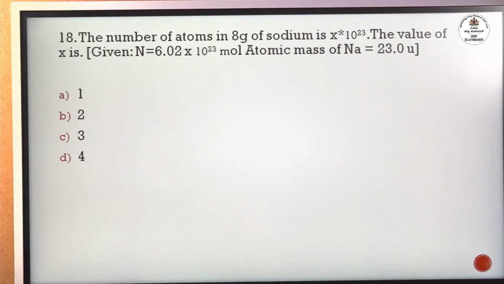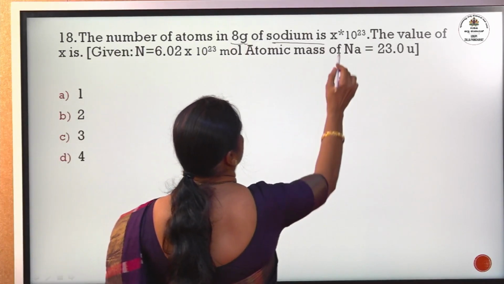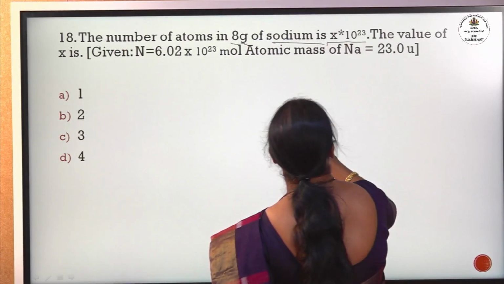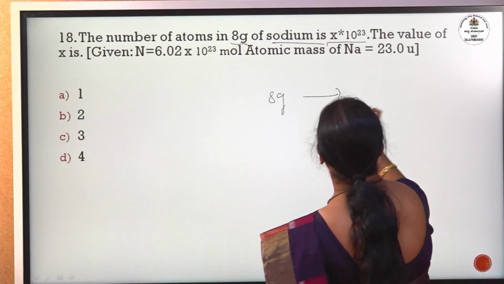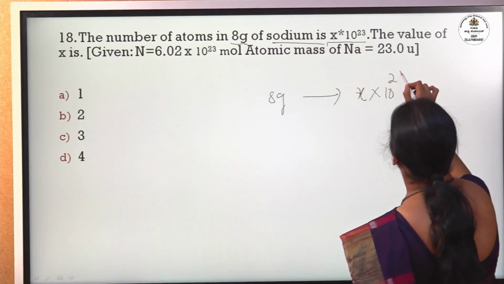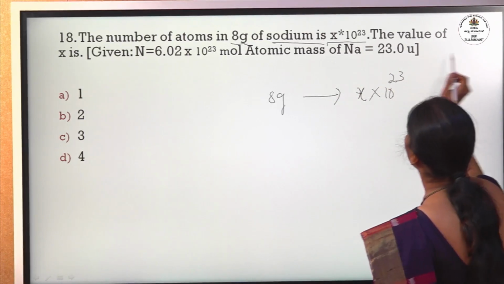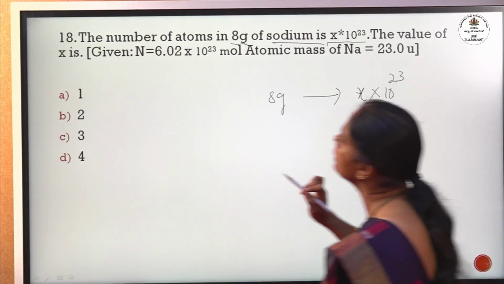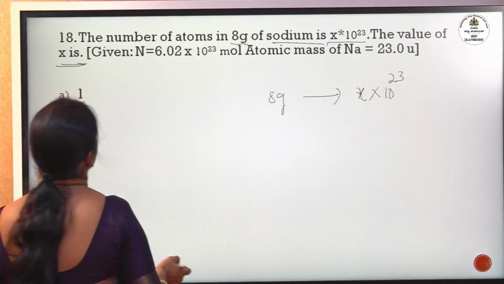Next we will move on to the next question. The number of atoms in 8 gram of sodium is x into 10 to the power 23. The value of x we have to find out.